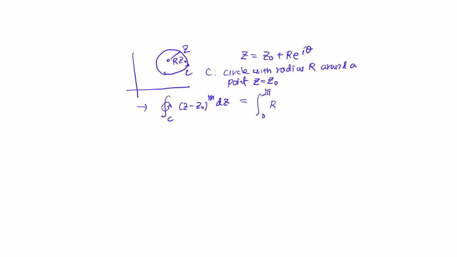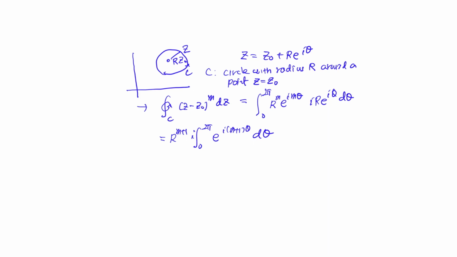That is r to the m exponential i m theta, i r exponential i theta d theta, which is r to the m plus 1, i exponential i (m plus 1) theta d theta.